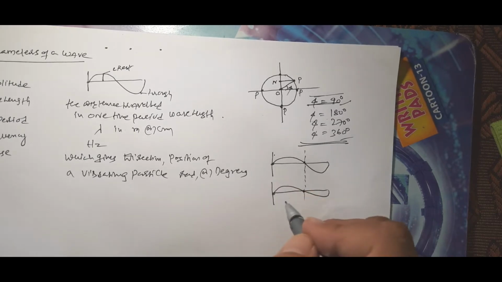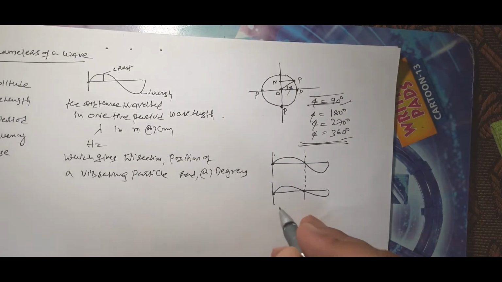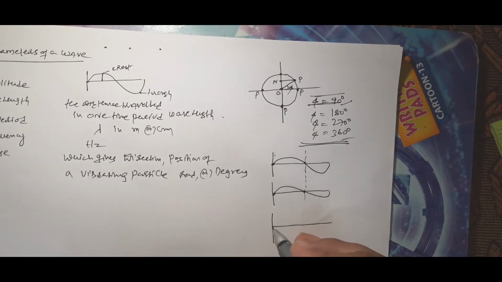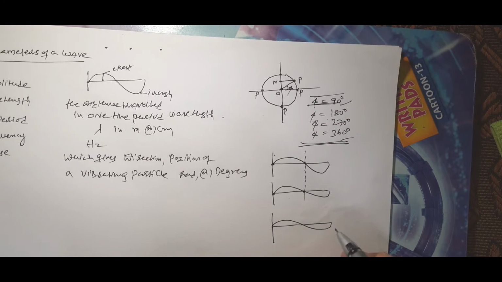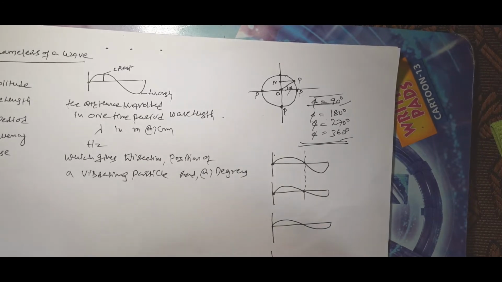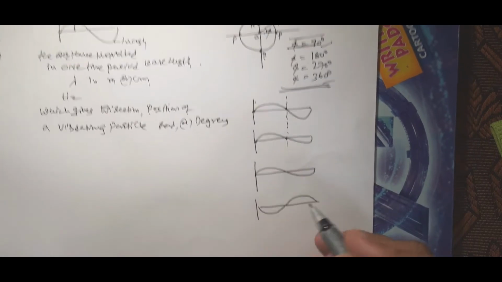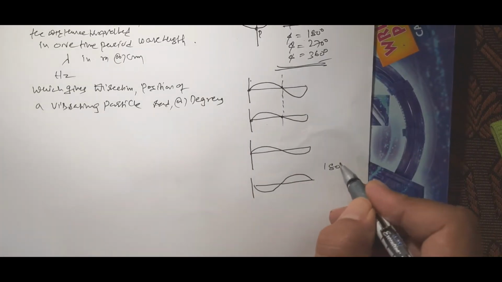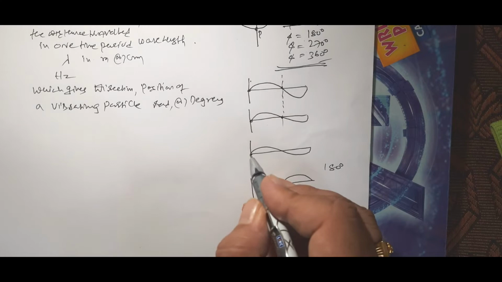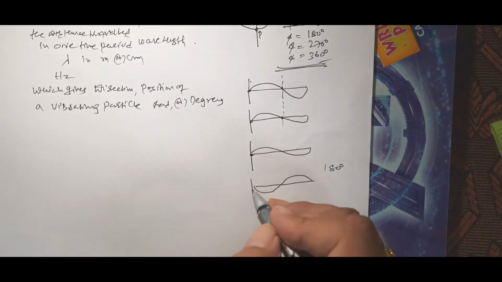When two waves are traveling in opposite directions, we say these two waves have a phase difference of 180 degrees. See this first wave, which starts at the origin and moves in the positive direction.